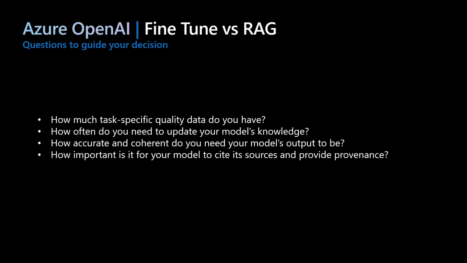So if you go back to the Bing example, when you ask Bing a question, it would actually cite every single source that it would use to retrieve that particular information, right? But if you don't care about that, then fine-tuning might be a little bit more simple from an implementation perspective.